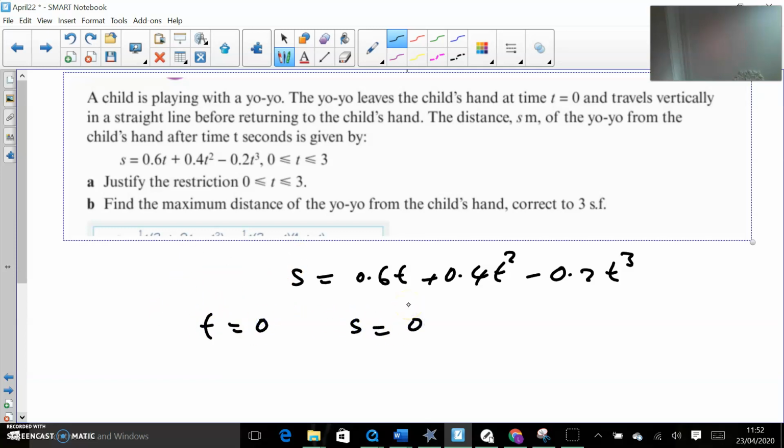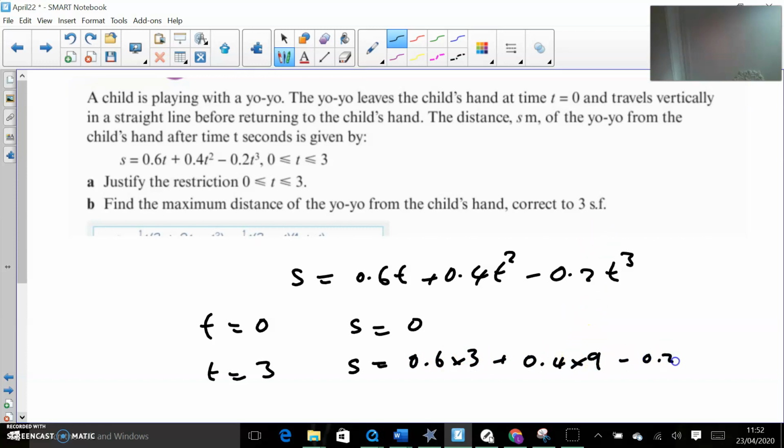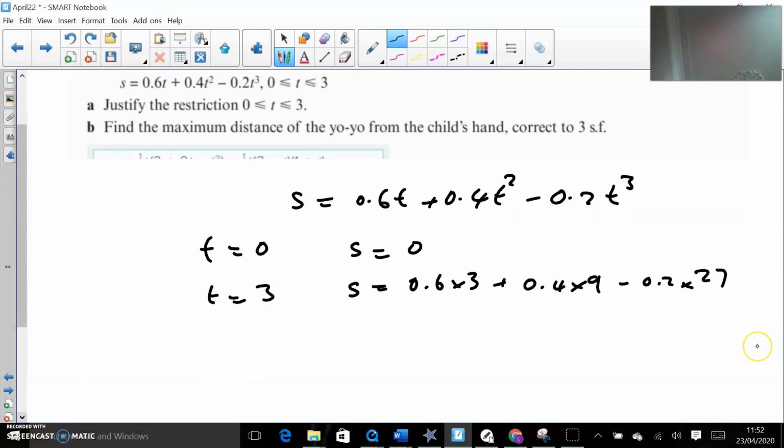What happens when t is 3? s is 0.6 times 3, plus 0.4 times 3 squared, which is 9, minus 0.2 times 27, 3 cubed.